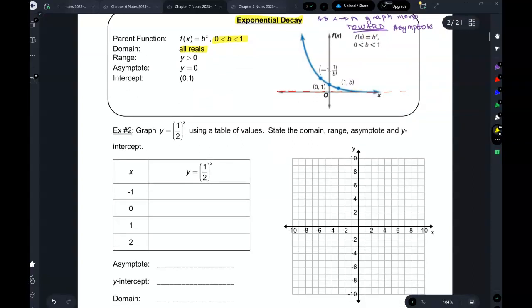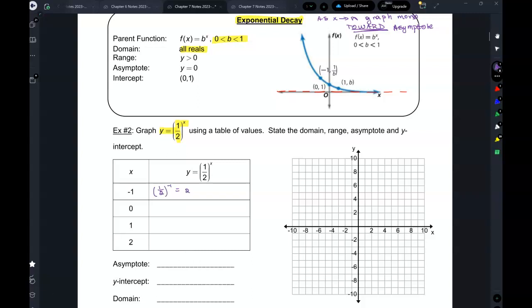All right. So now let's graph this one. y equals (1/2) to the x. Do you see how this is exponential decay? Because the half is less than 1, it's between 0 and 1. So again, we're going to use the same values here. At -1, this is going to be half to the power of -1.